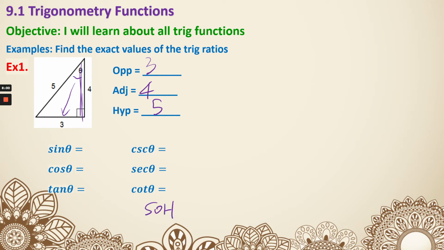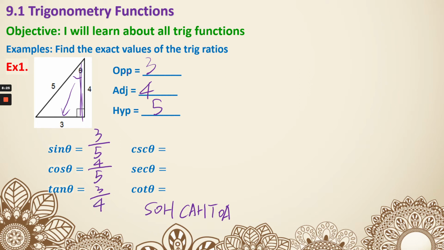So, SOH, let's use that. Opposite over hypotenuse, so 3 over 5. CAH, A is adjacent, so 4, hypotenuse is 5, so 4 over 5. And tangent, that's TOA. O is opposite, so 3 over adjacent, which is 4.